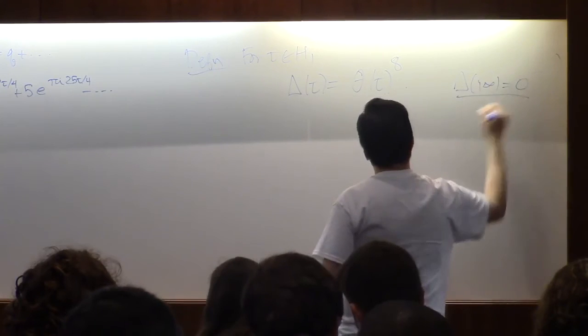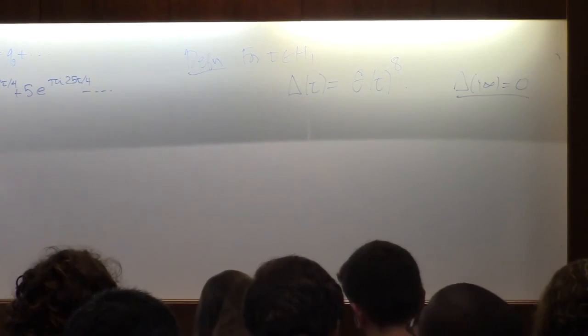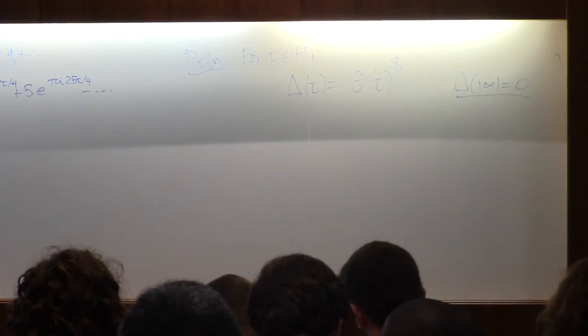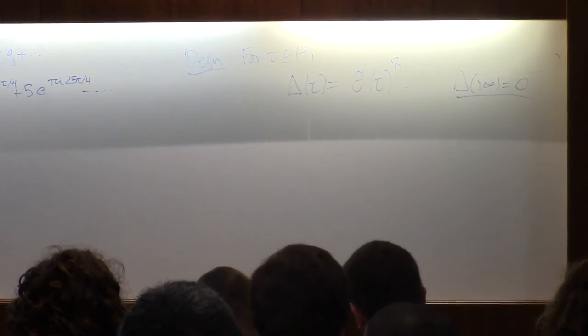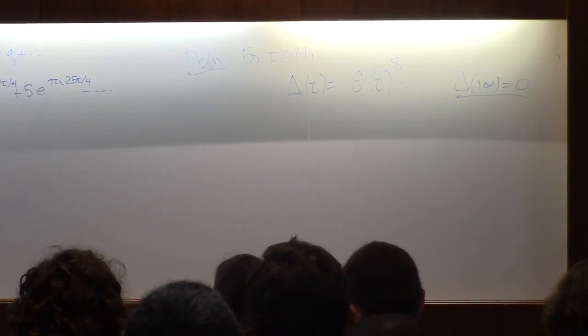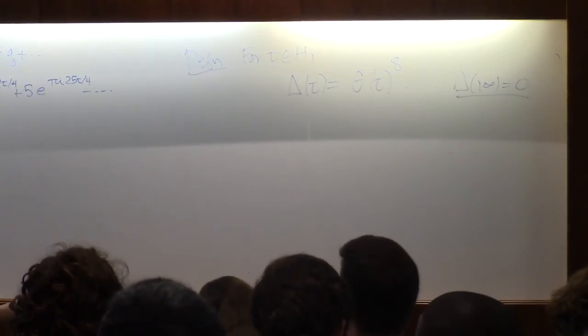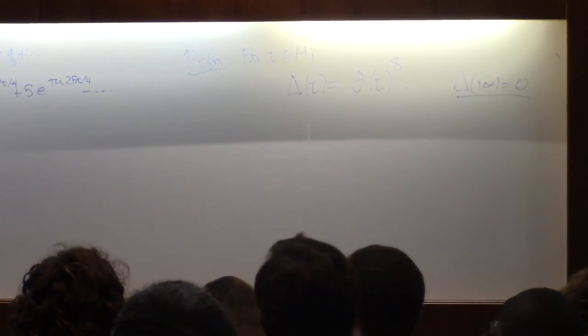Right? This guy vanishes, then you take the 8th power, and now I need to get the Q expansion. Well, you just take the 8th. I know this is a power series in e to the pi i tau over 4, but the 8th power is equal under tau goes to tau plus 1, so the 8th power will have to be a power series in e to the 2 pi i tau, not just e to the pi i tau over 4.